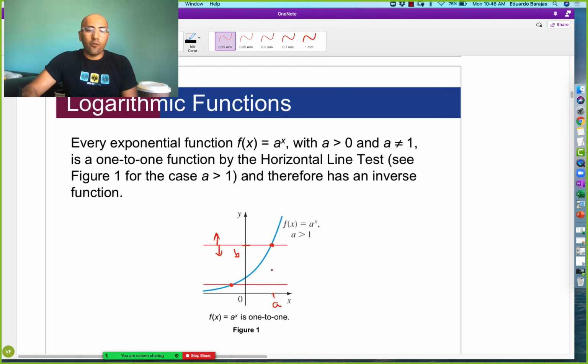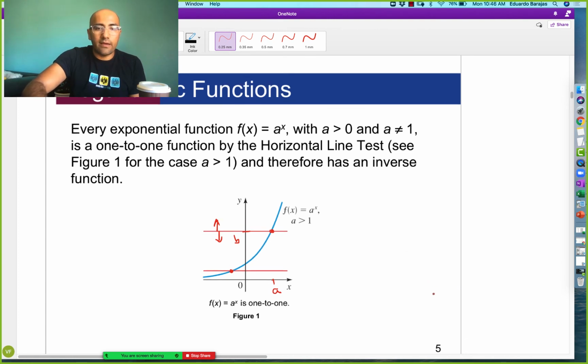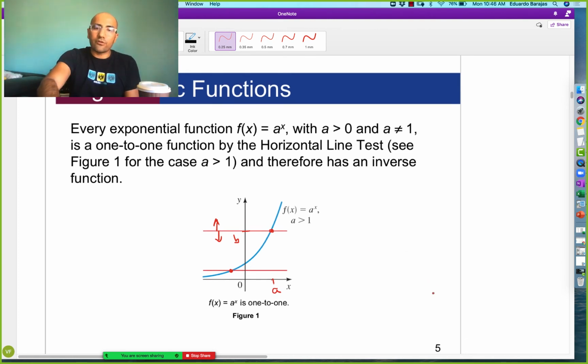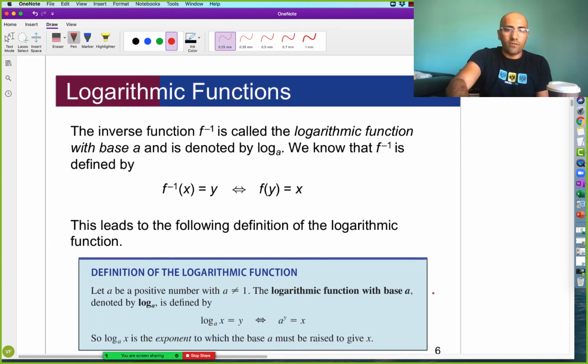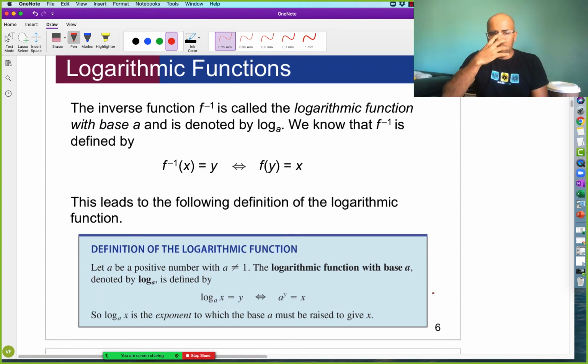So that way we can go forwards and backwards on this. If I told you, what is the input value that led to the value B? Well, there's only one, this one. Good? Okay, so because it's 1-to-1, we know that there exists the possibility of having an inverse function. So the inverse function, f inverse, is called the logarithmic function.